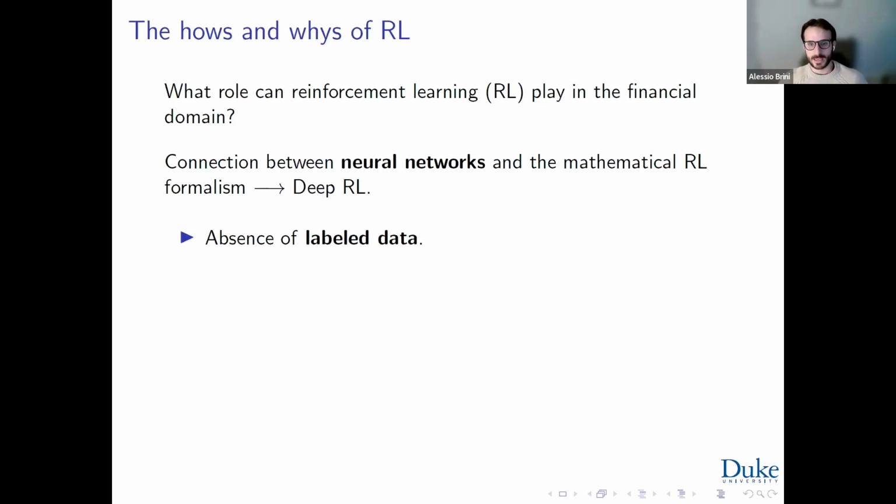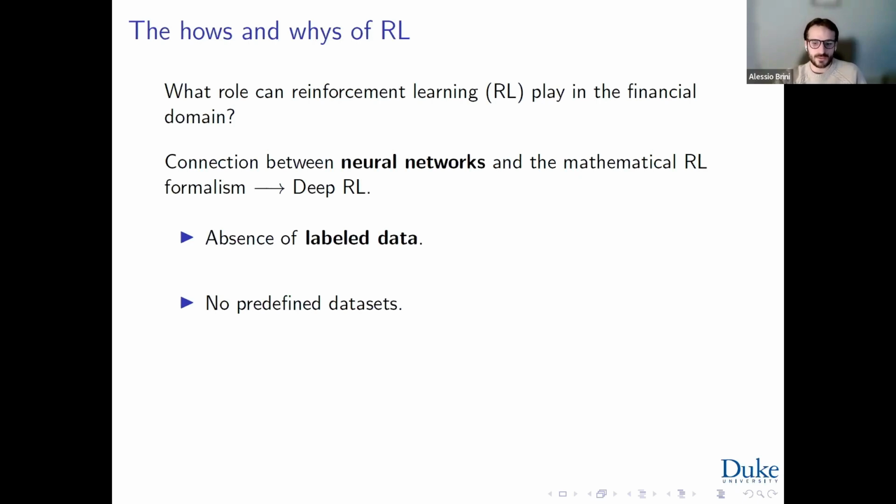It's not like in a supervised setting, when you want to map a certain type of input to an output and you already know the response, so it's just about learning a function that maps from X to Y. In this case, you don't have labeled data. But I would say you don't even have a predefined data set, because we are going to see how the data set is constructed when you solve a reinforcement learning problem. So it's not that you just miss the label, you miss the data set too.